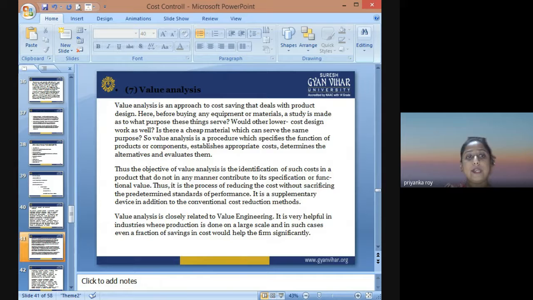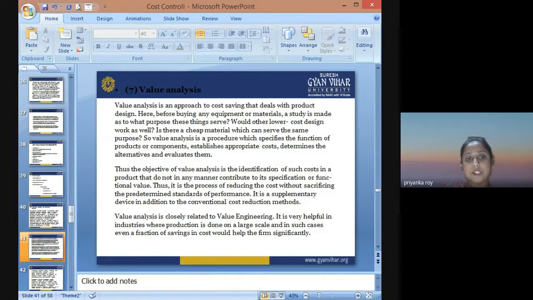Then you have the value analysis approach, which is cost saving and deals with product design. Before buying any equipment or material, a study is made as to what purpose these things are serving and how well they are working. All these things are considered, and then they are imparted into the organization.